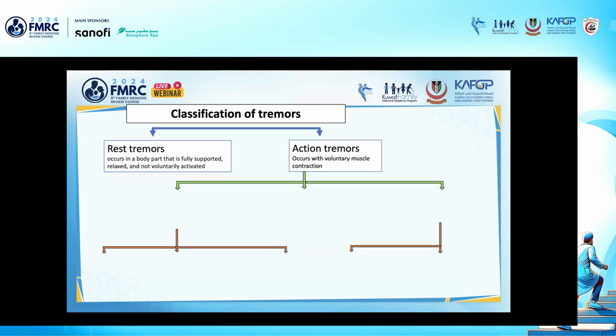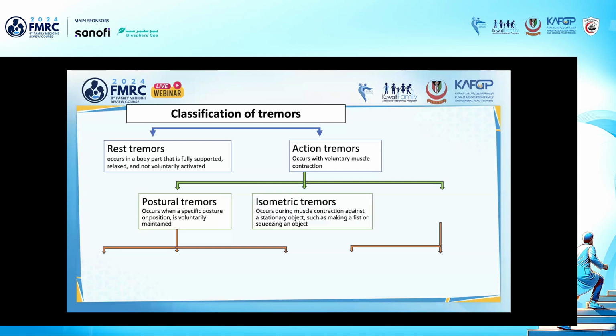Action tremor occurs with voluntary muscle contraction. Action tremors are further divided into postural tremors. What does it mean? It means that when a limb is voluntarily maintaining a specific posture or a specific position, here the tremors happen.